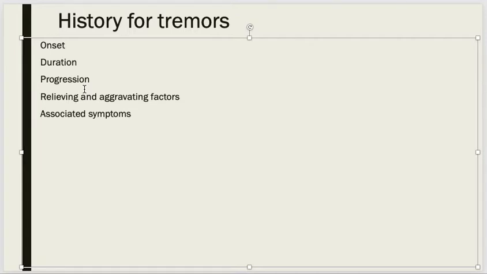Relieving and aggravating factors: people who have essential tremors find that when they use alcohol, their tremors go away. So if the person says whenever I use alcohol my tremors become better, the person may have essential tremor. Associated symptoms: for example, someone has resting tremor with other features of Parkinsonism. So we have to ask this.